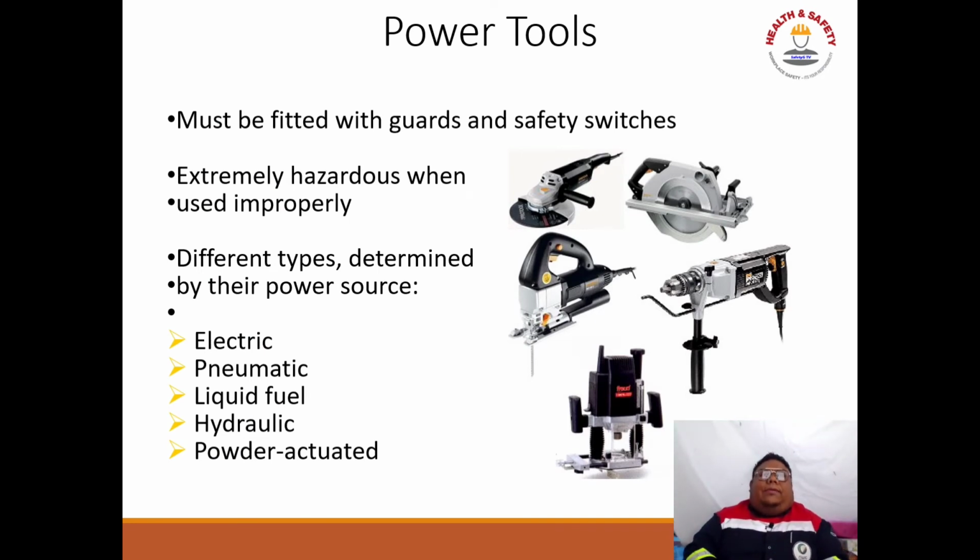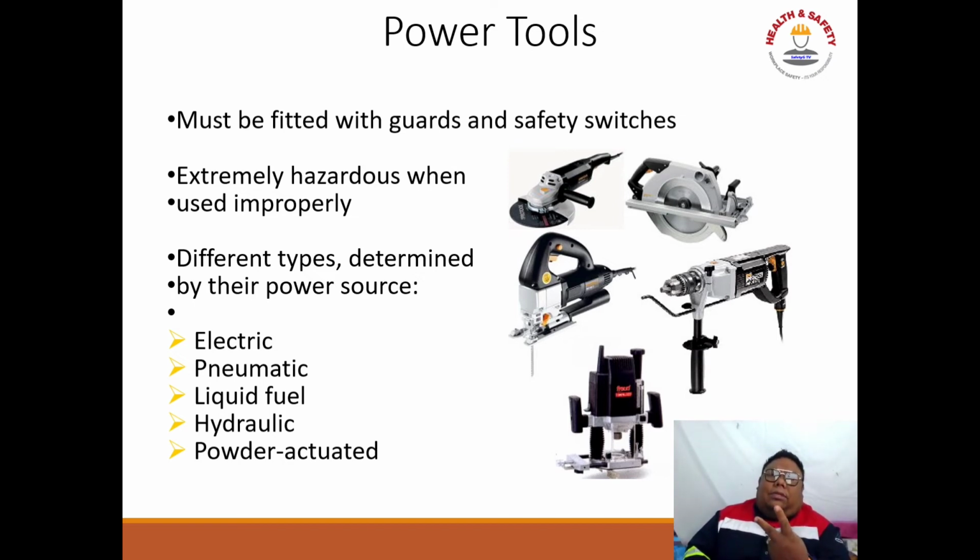Okay, now this, guys, is the most common major accident in the workplace, caused by this kind of equipment, power tools, because they generate or they run. As I mentioned previously, there are hand tools and power tools.